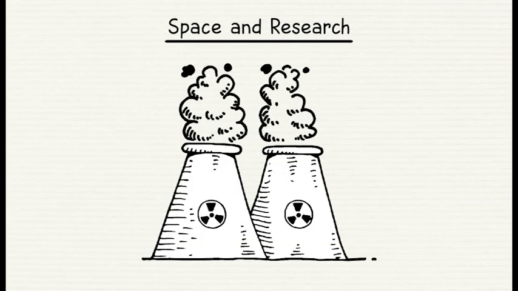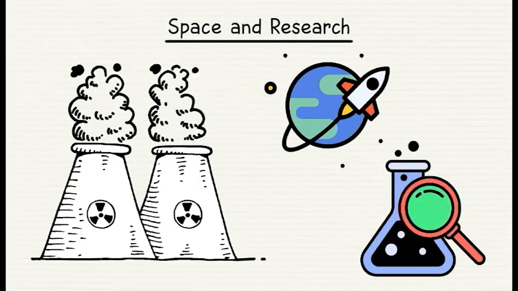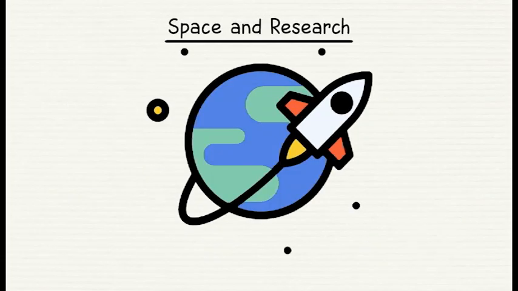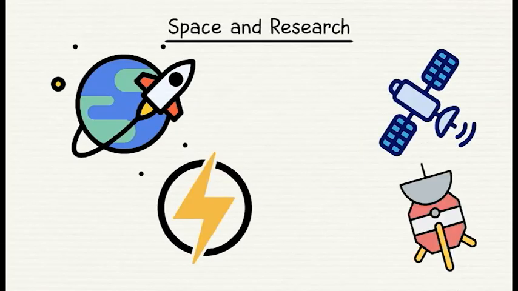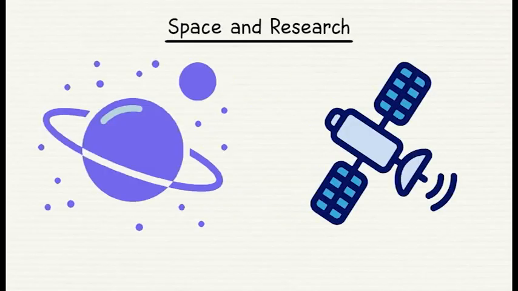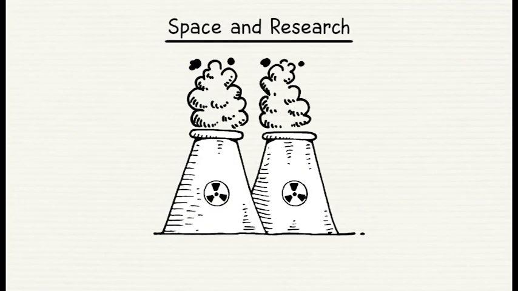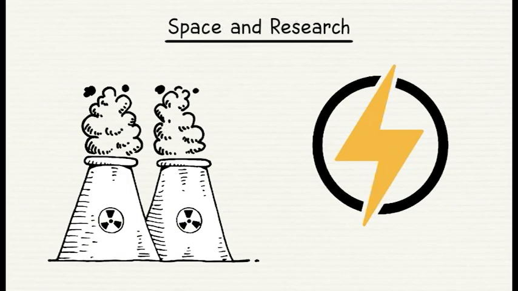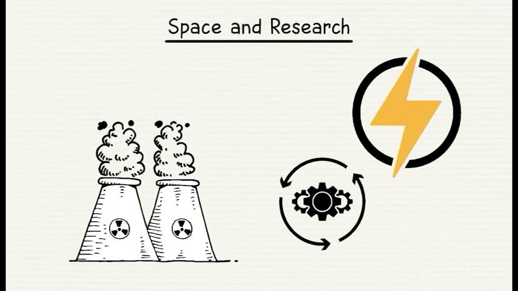Space and research. Nuclear energy plays an important role in space exploration and scientific research. In space missions, it is used as a reliable power source for satellites, space probes, and spacecraft, especially in deep space where solar energy is limited. Nuclear-powered systems provide long-lasting energy, allowing missions to operate for many years.